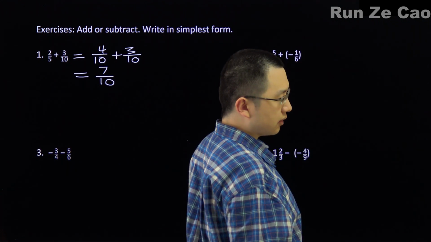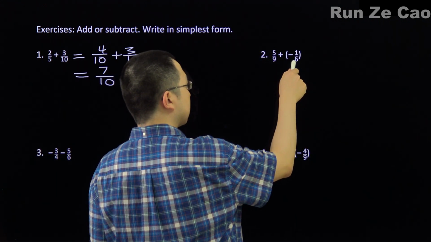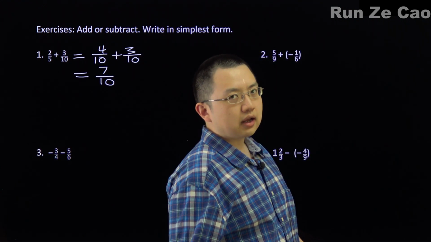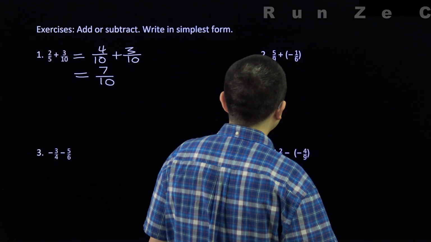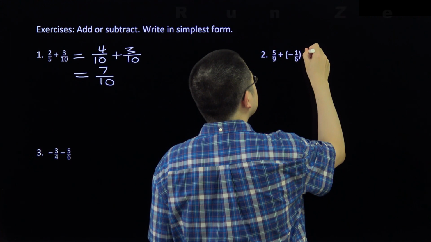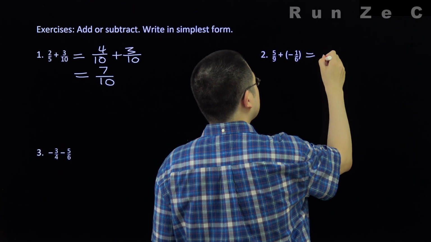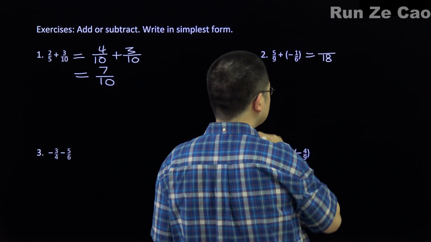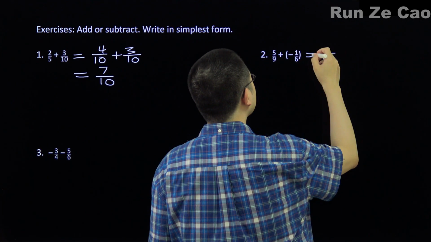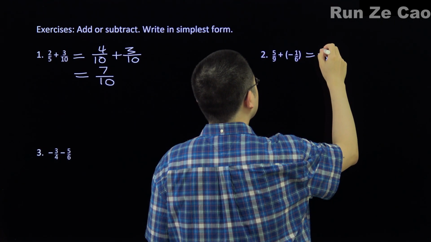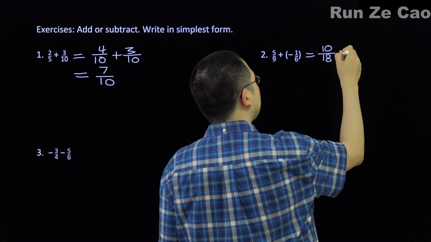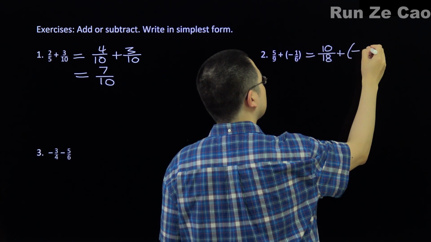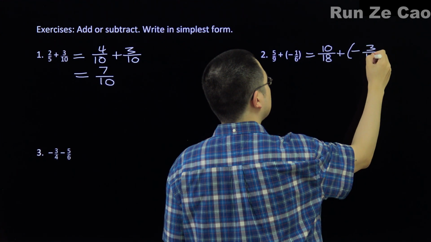Well, 9 and 6, that's a 3 by 3 and a 2 by 3. That means our lowest common multiple is going to be a 2 by 3 by 3, which means over 18 for the lowest common denominator. So we're looking at a 10 over 18 here, and then plus negative 3 over 18.